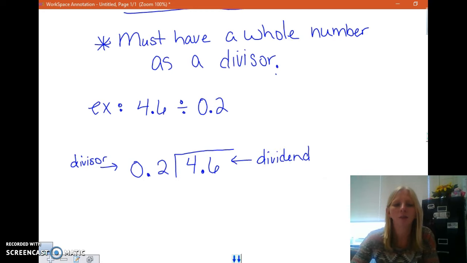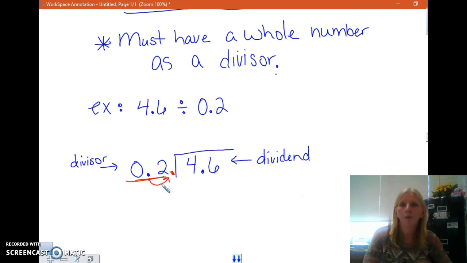Our divisor, right here, needs to be a whole number, which means the decimal needs to be at the very end, or to the utmost right. Is it there? No, it's not. We need to move this decimal over to the very right of that number. In order to do that, we have to multiply it by a power of 10.